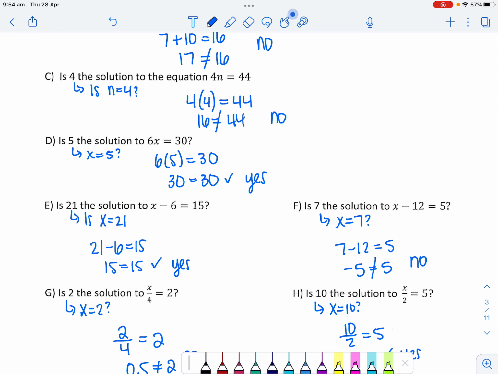Today we are just asking, is the value that I gave you the solution? You do not have to find the correct solution if the answer is no. It's just, is this a solution? Yes or no. Okay, so that's what you're deciding today by plugging that value in and evaluating. All equations contain an equal sign, so your equation should be equal to whatever number was given to you in that equation.